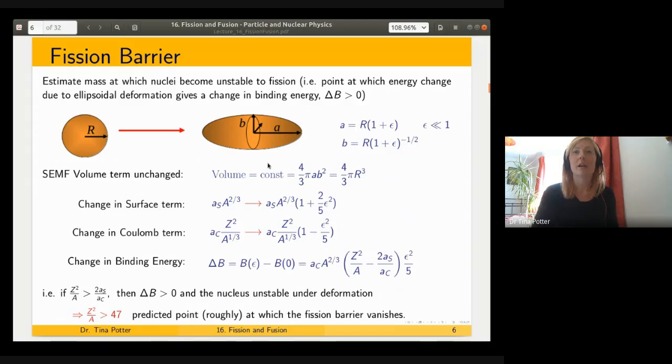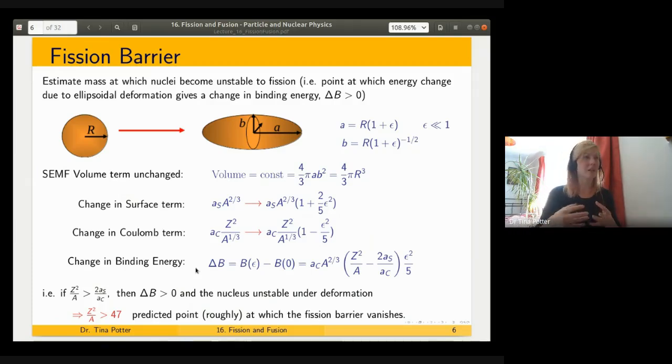So we'll take our A and B axes and deform them by a small amount, epsilon here, and we can plug this into our surface term and our Coulomb term to see how each one of those changes, add them up to have a look at the change in binding energy. So what we find is that the change in binding energy is going to be larger than zero. Once this change in binding energy becomes larger than zero, we are going to have fission.